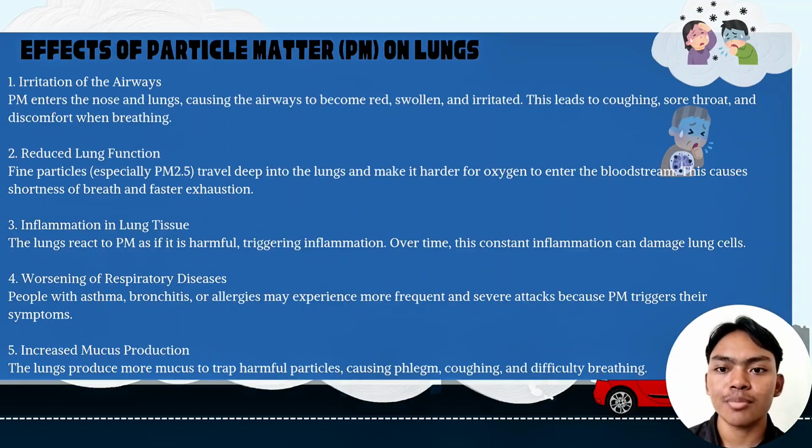This gives them a higher chance of worse symptoms or maybe a chronic disease. And the last one is increased mucus production in the lungs. The lungs produce more mucus to trap harmful particles, causing phlegm, coughing, and difficulty breathing.